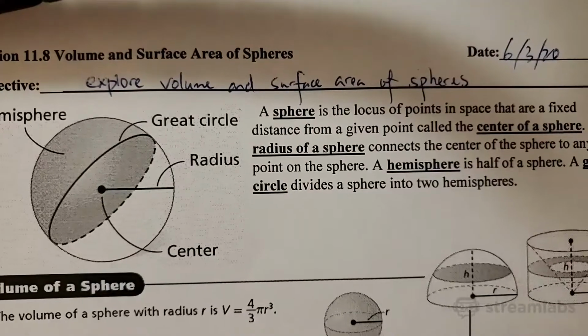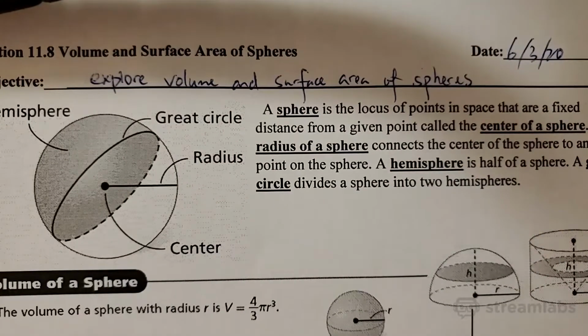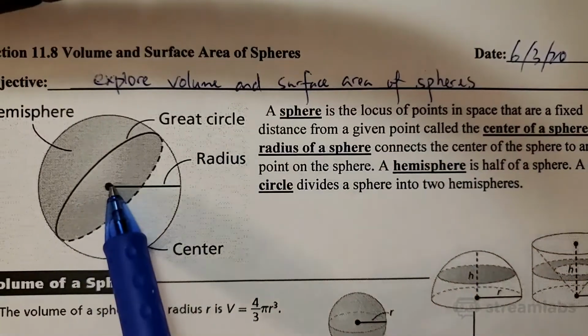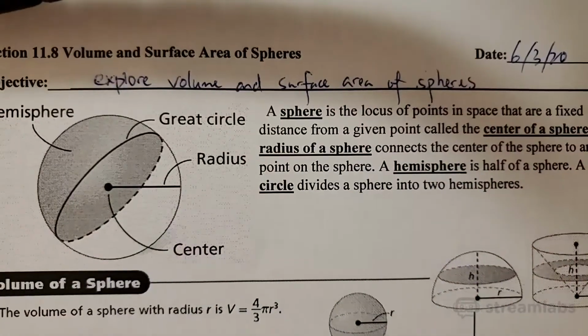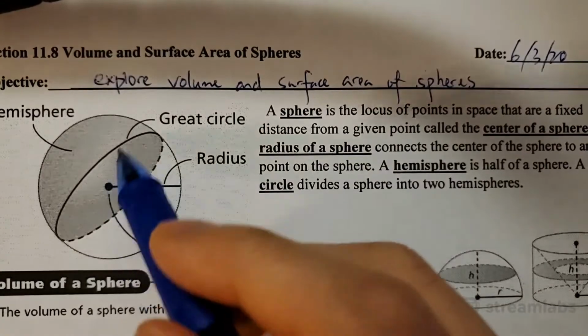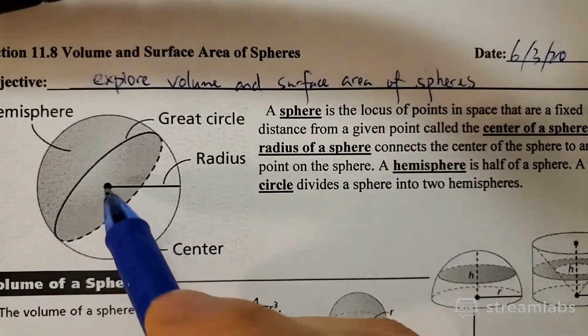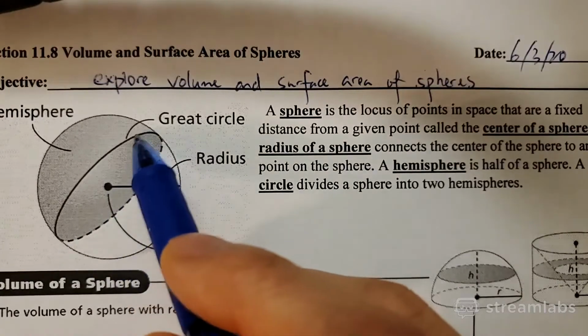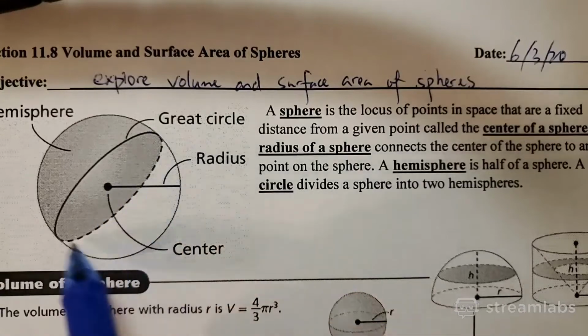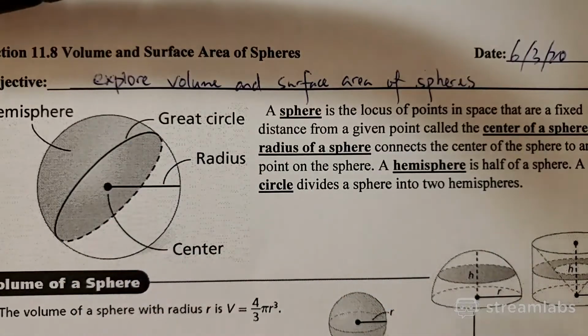All right. So here's a sphere. A sphere is essentially a 3D circle, right? We call the center of the sphere the center, and the locus, which is all the points that form the sphere, is made by equal distance from the center. So you still get a radius, just like circles, okay?